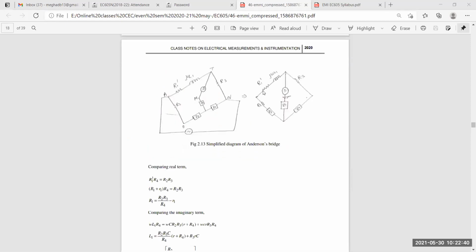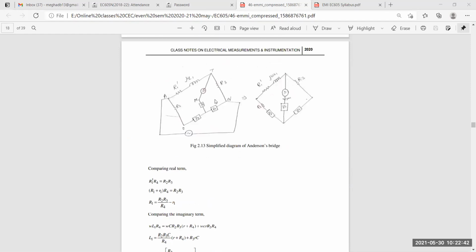After that, I have taken the whole circuit. And after taking the whole circuit, now I know what is my value for Z5, Z6, and Z7. So after that, we have just put the values and we have just equated. So this is one process of solving the equations for Anderson bridge in a simplified diagram, which I have done here, and another process which I have just now shown.